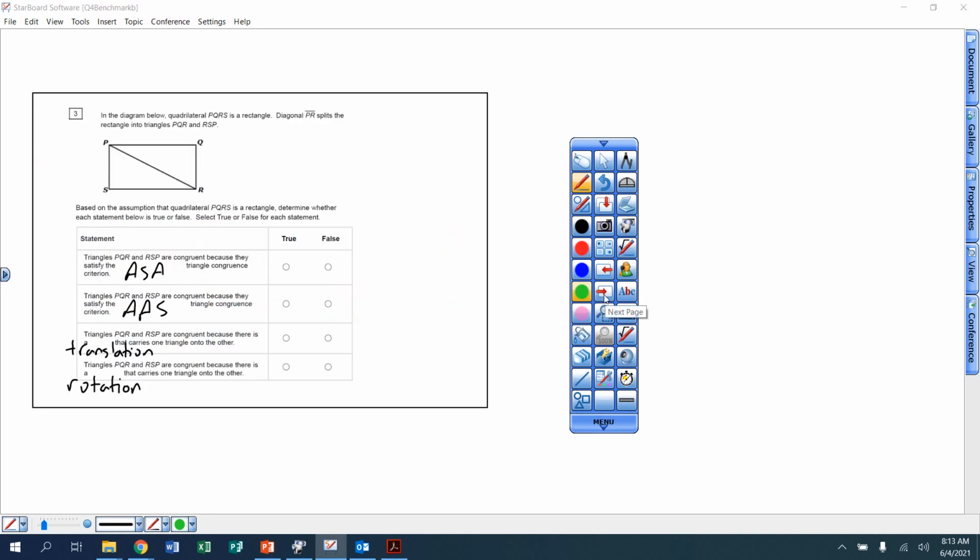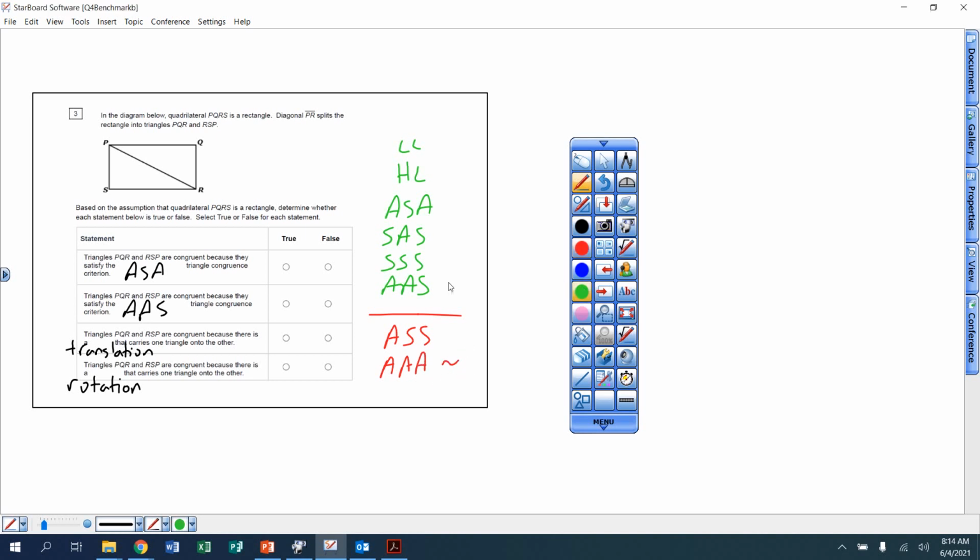For this problem, again, know the major theorems, the good ones. ASA, SAS, SSS, AAS. Hypotenuse leg, really, or leg, if it's a right angle in there. The bad ones, ASS, AAA, which is not really bad, it's similar, but it's not congruent.